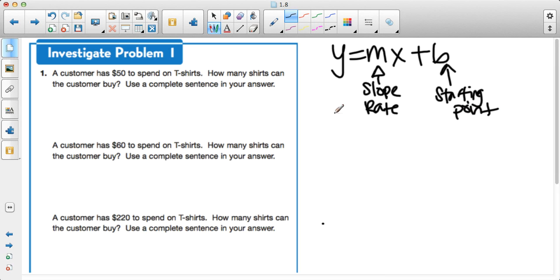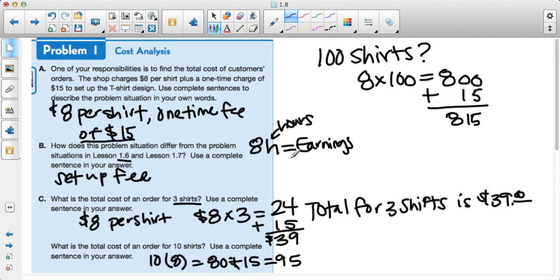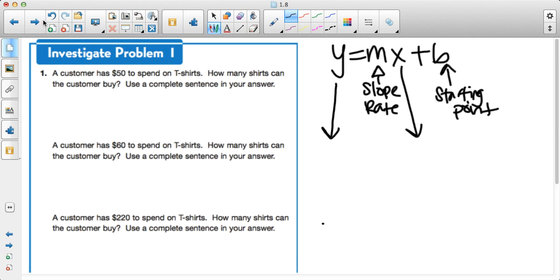But what are my variables? What's my y and what's my x? What are we figuring out? Well, I'm solving each time for a dollar amount, $39, $95, $815. So each time I'm multiplying and adding to get that total cost.